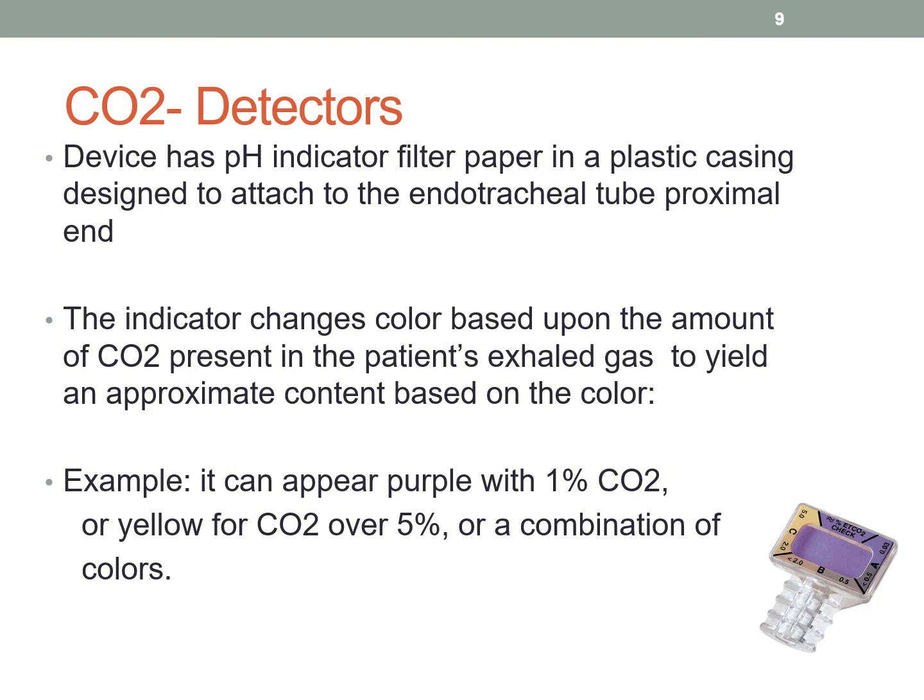We like to use it when we're intubating a patient, to make sure that the ET tube's in the right place. Purple color shows that it's about 1% CO2, and then yellow is a CO2 of over 5%. But you also want to make sure that you hear breath sounds too, so don't totally rely on that. You want to make sure you're getting a color change.